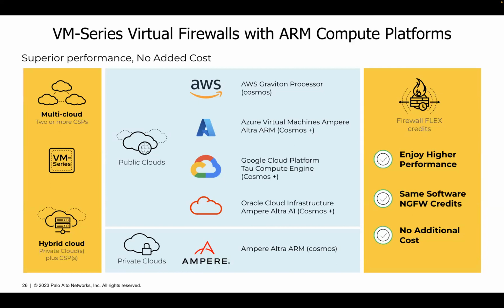So private clouds, you'll see, if you haven't researched Ampere, go out and take a look at those guys. They're doing some really exciting things and delivering some really amazing hardware with really impressive performance at very reasonable prices. And of course, the same concepts apply in the public cloud.